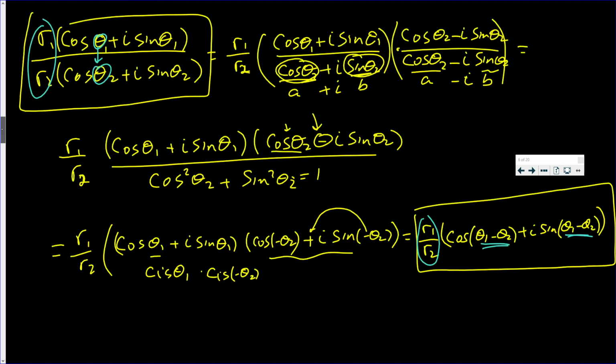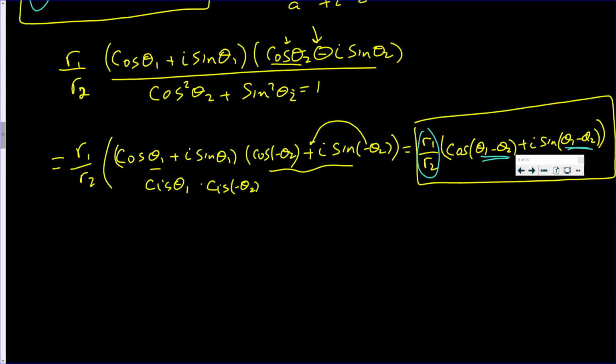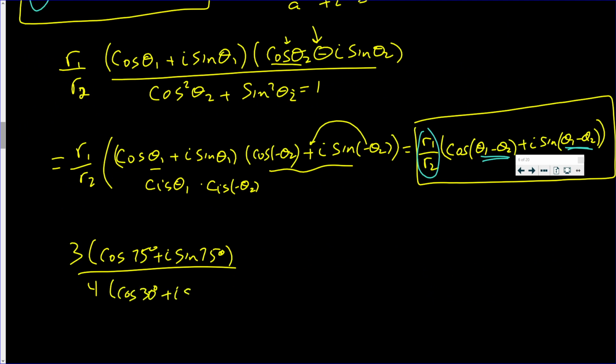For example, if somebody asks you what is 3 times cosine of 75 plus i sine 75 degrees divided by 4 times cosine 30 degrees plus i times sine of 30 degrees, it's a piece of cake.